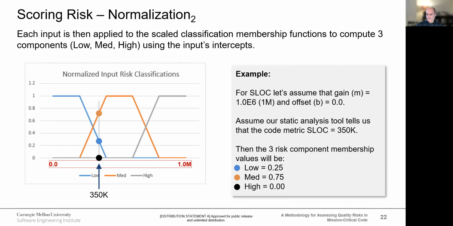In this case, we've scaled the x-axis to cover from 0 to 1 million lines of code. If our static analysis tool reports, for example, 350K SLOC, then we see that the low, medium, and high components are computed by CREW as 0.25, 0.75, and 0, respectively.